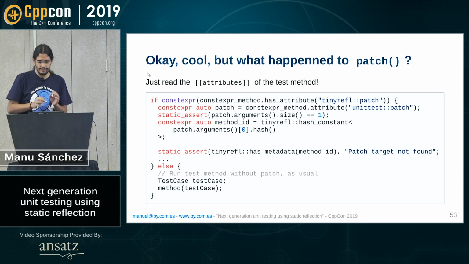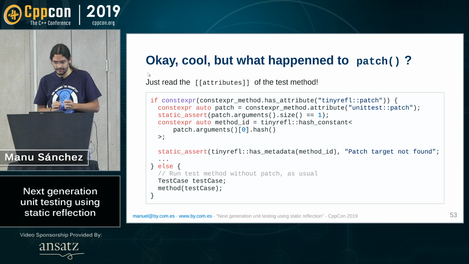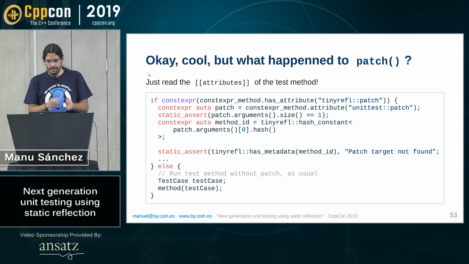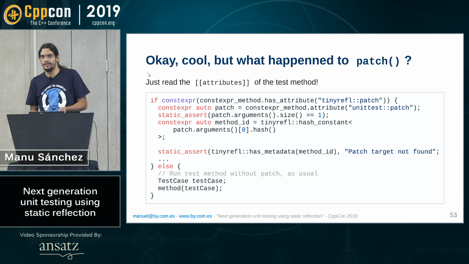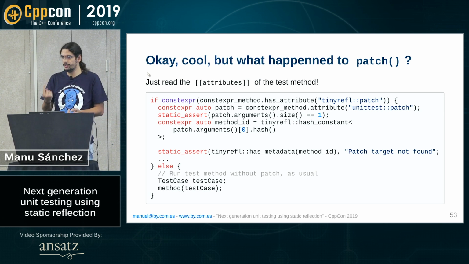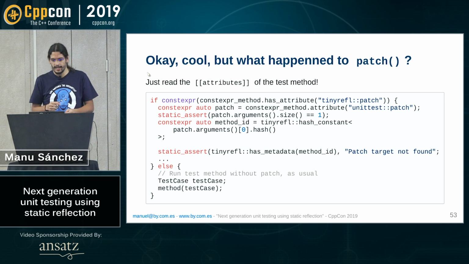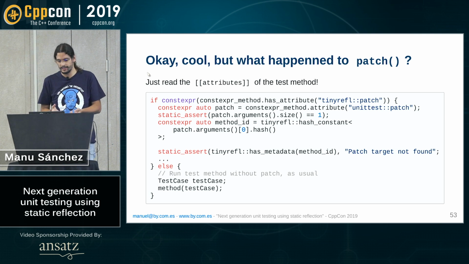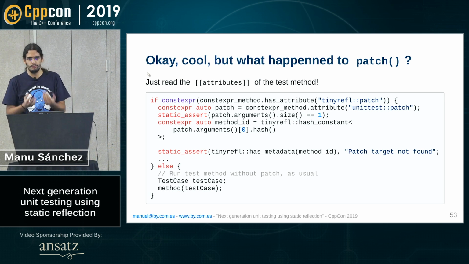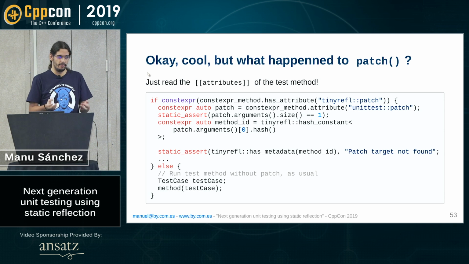So step by step, what this function is doing is, if this method has an attribute named tinyrefl patch, get the attribute, make sure that this attribute has only one argument, and then read that argument as the identifier or global identifier of what is supposed to be a class method.